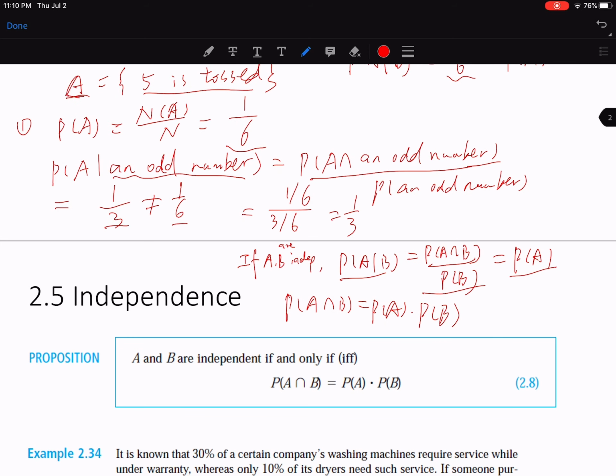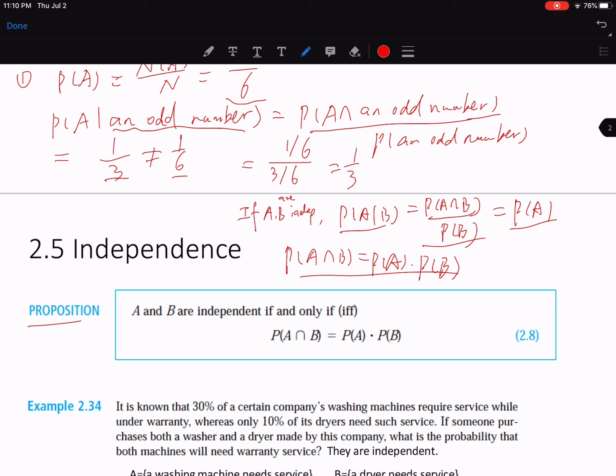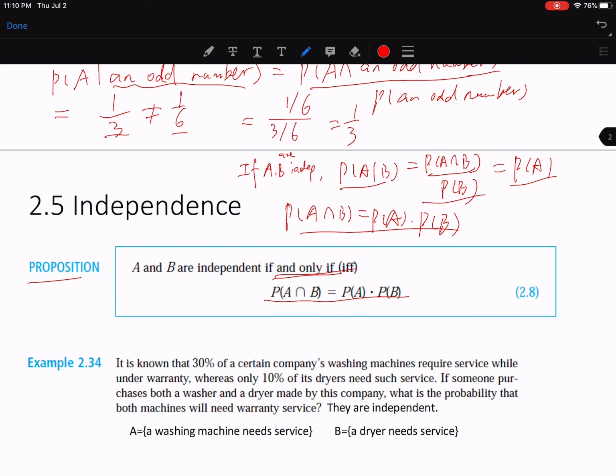And this brings us to the proposition down here. A and B are independent if and only if the probability of A intersection B is equal to the probability of A times the probability of B. This is a very, very important proposition, because that's how we determine if two events are independent or not.